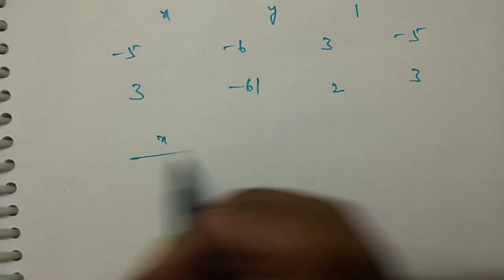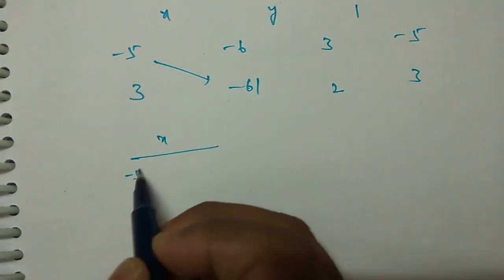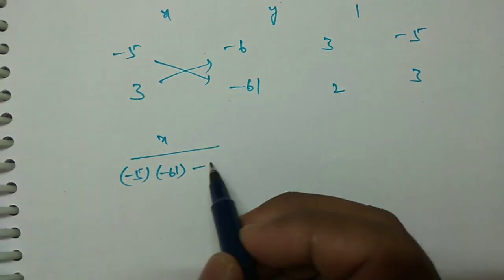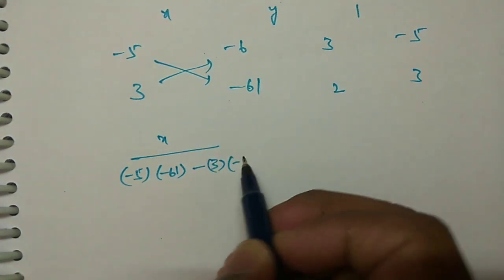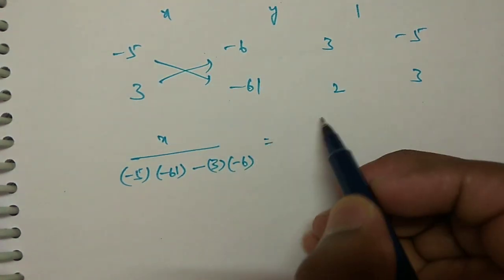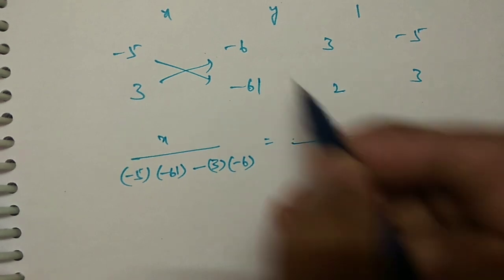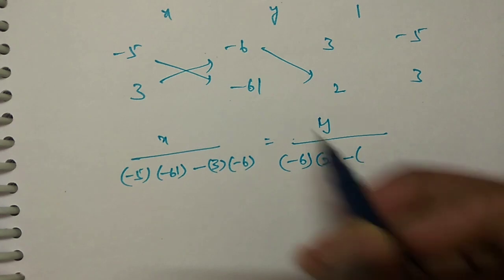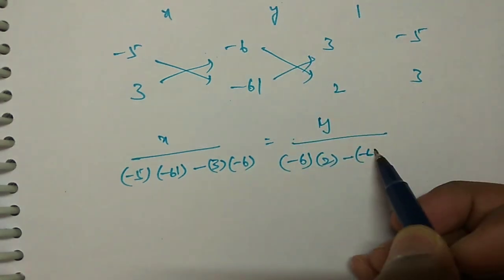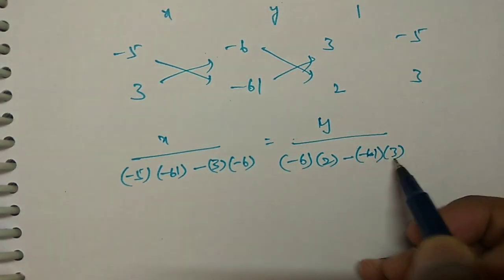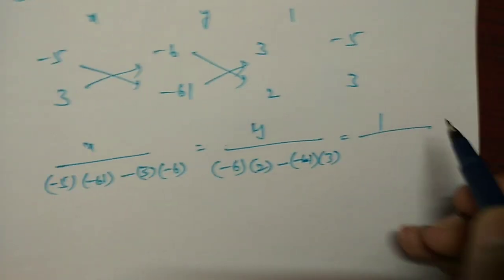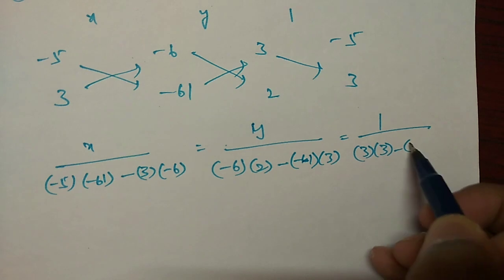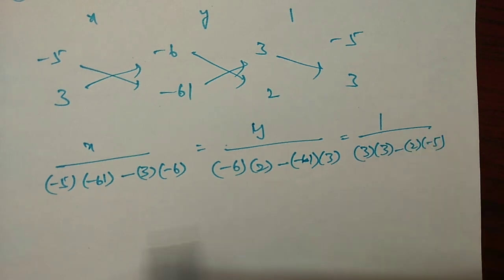So we can write x by minus 5 into minus 61 minus 3 into minus 6, equal to y by minus 6 into 2 minus of minus 61 into 3, equal to 1 by 3 into 3 minus 2 into minus 5.